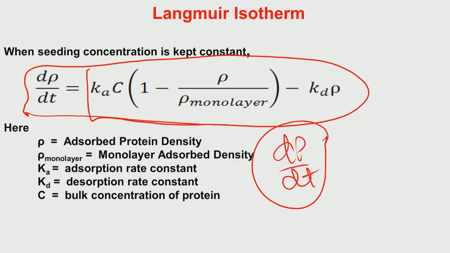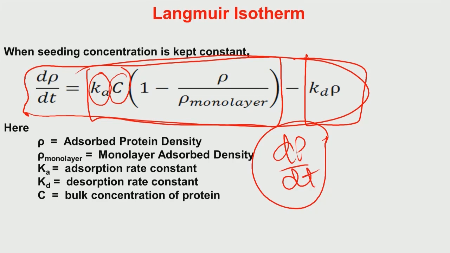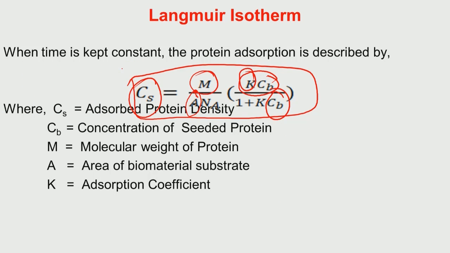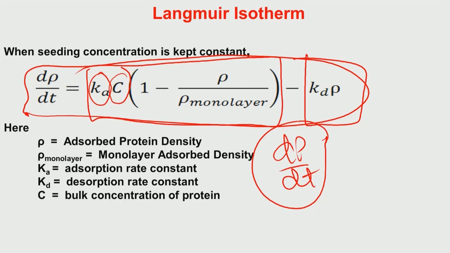The first term is related to adsorption, the second term is related to desorption. In the adsorption term, Ka is the adsorption coefficient, and capital C is the bulk concentration of protein, which I explained in the last equation as the Cb term, multiplied by 1 minus rho upon rho monolayer.